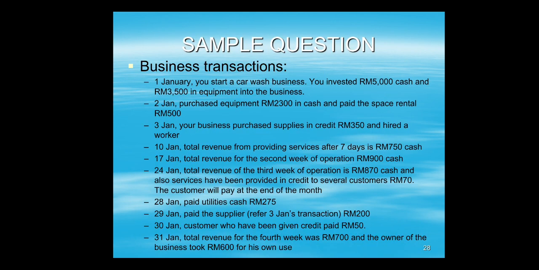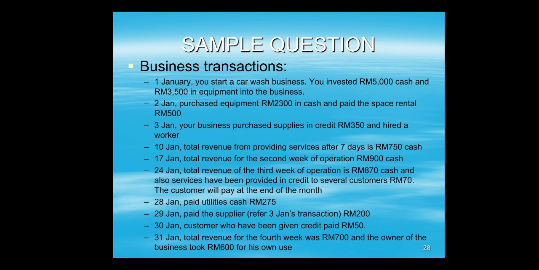Okay, this is a sample question. You can see there are 1, 2, 3, 4, 5, 6, 7, 8, 9, 10. I think there are 10 business transactions that happen in the month of January. These transactions are related to a sample car wash business.